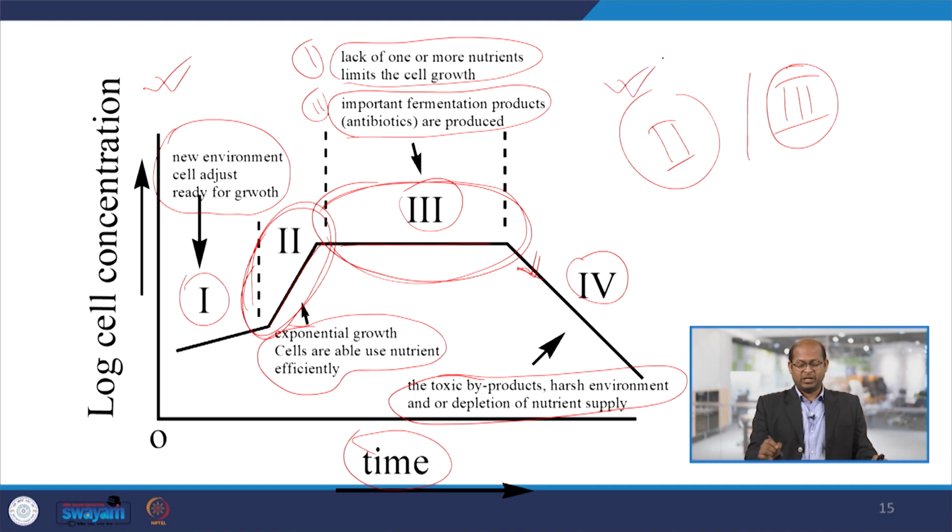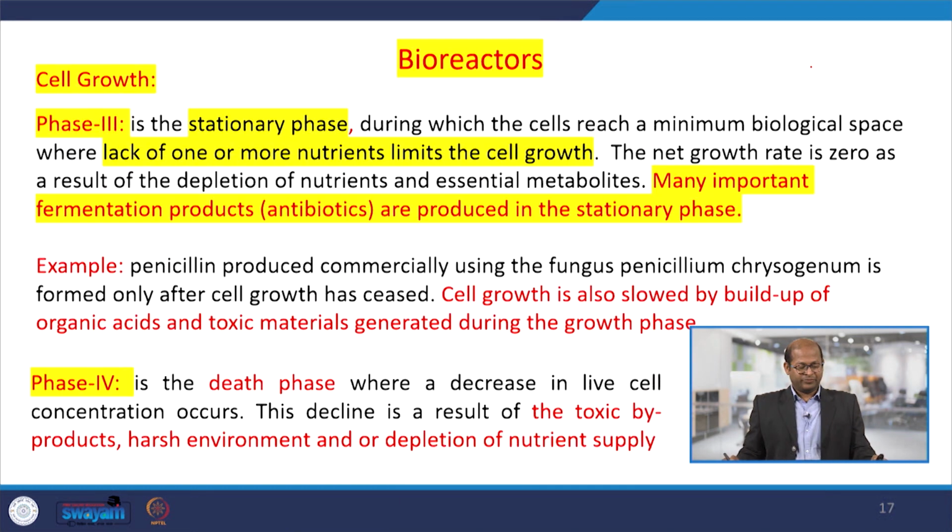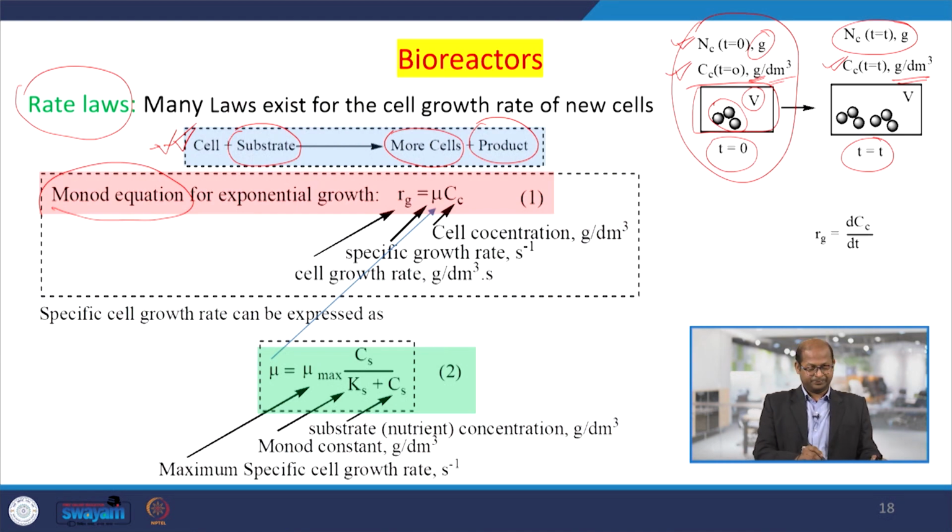In stage 2, the number of cell formation is there, and at the same time maybe product formation is there, and most bioreactions have been observed at the third stage. So, when there is no new cell formation, at that stage new product or byproduct formation is there. Okay. So, therefore, these two stages are very important. So, we will discuss basically these two stages, okay, the growth phase and the stationary phase.